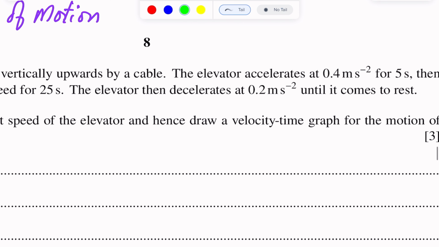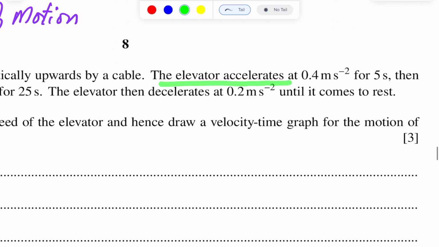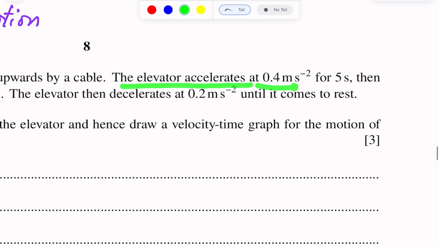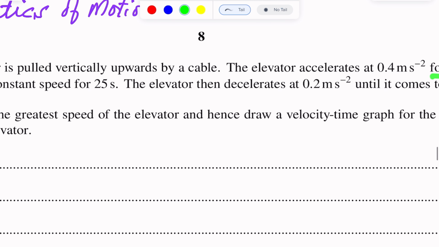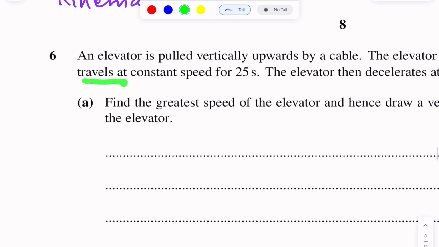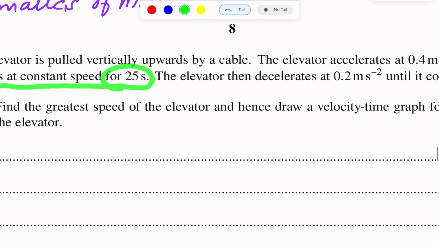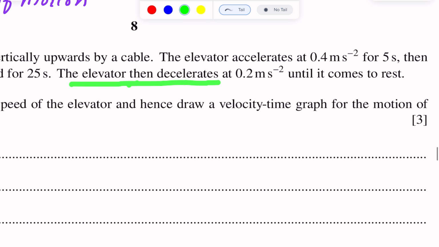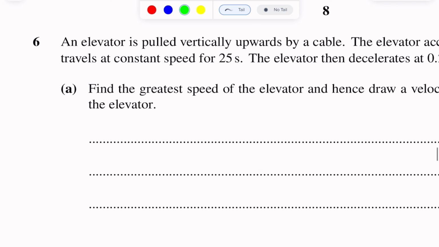The elevator accelerates at 0.4 meter per second square for 5 seconds, then travels at a constant speed for 25 seconds. The elevator then decelerates at 0.2 meter per second square until it comes to rest.